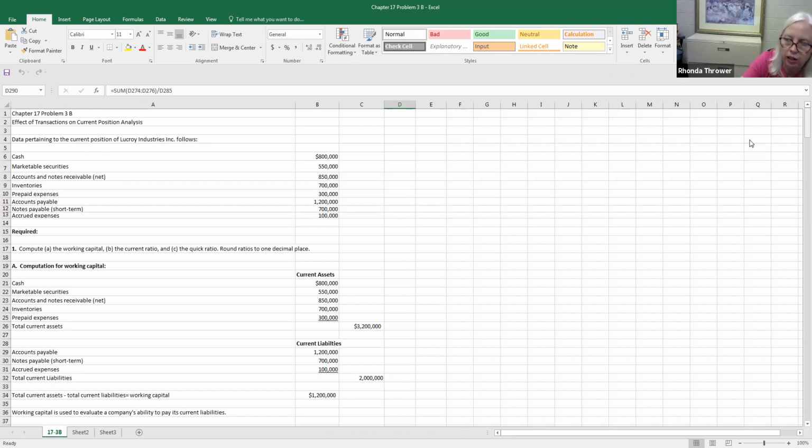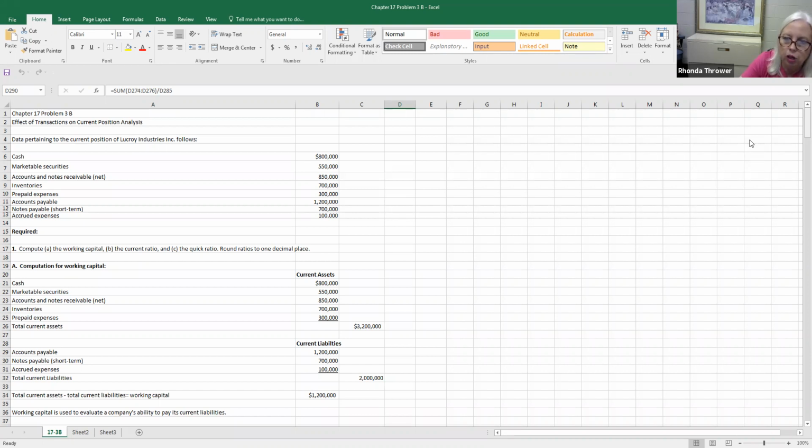So it would have affected your total current assets. Because cash is increasing, the total current assets will increase to $5,200,000. Your current liabilities stayed the same. Current assets less your current liabilities would give you the working capital at $3,200,000.